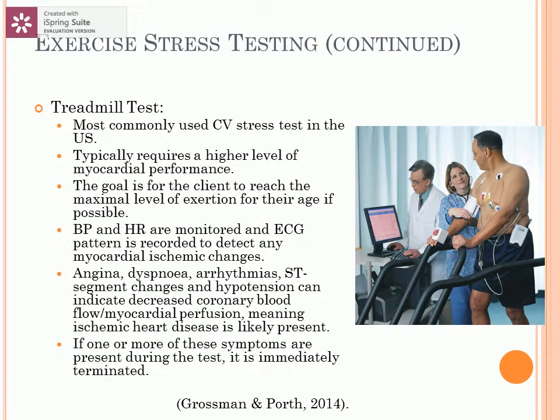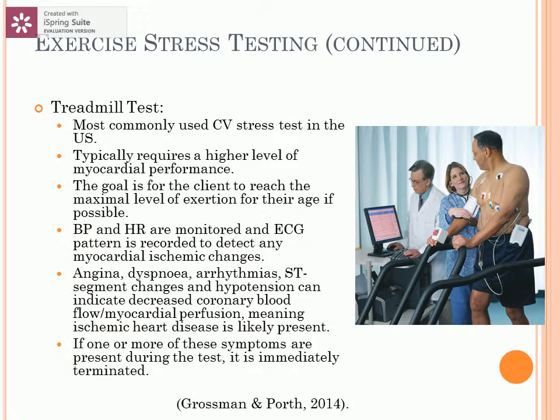So an example of an exercise stress test is the treadmill test. It's one of the most commonly used CV, or cardiovascular, tests in the US. It typically requires a high level of myocardial performance, and the goal is for the client to reach the maximum level of exertion for their age if possible. Blood pressure and heart rate are monitored. An ECG pattern is recorded to detect any myocardial ischemic changes.